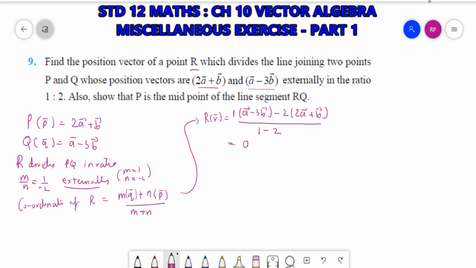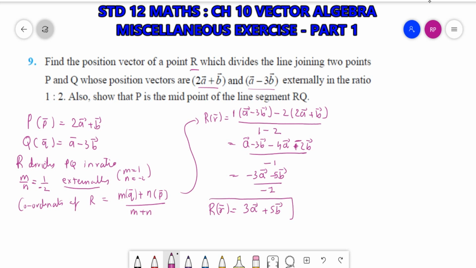So (a minus 3b minus 4a minus 2b) upon minus 1. This will be a minus 4a, that is minus 3a, minus 3b minus 2b, that is minus 5b, upon minus 1. So the position vector of R will be 3a plus 5b.